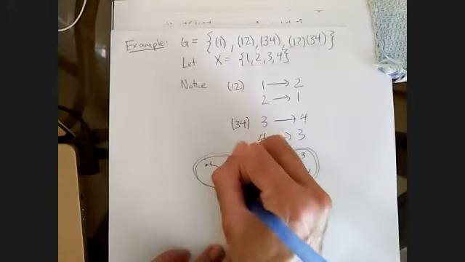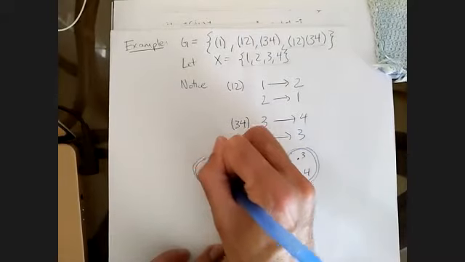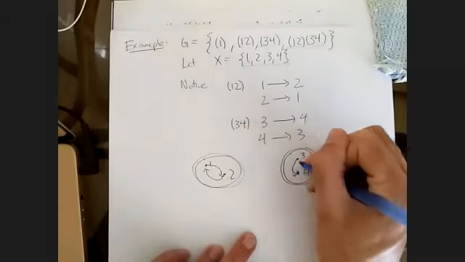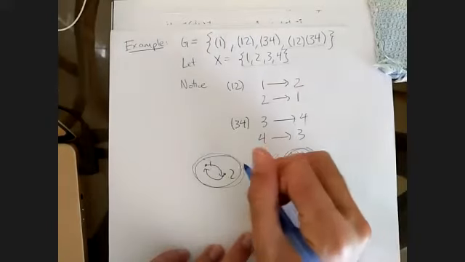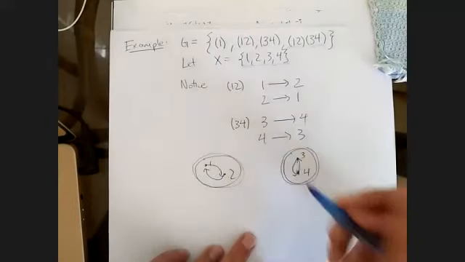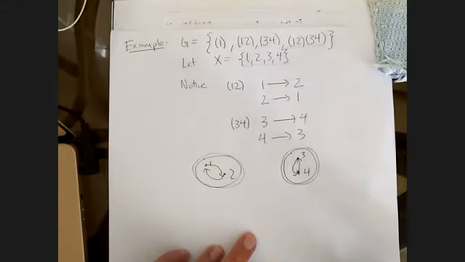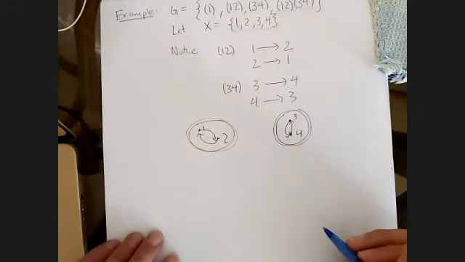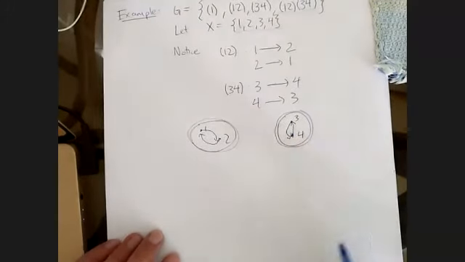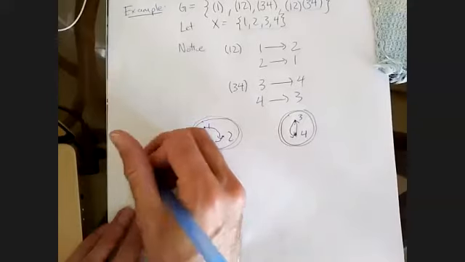You can go back and forth over here, you can go back and forth over here, but you never join the 2. So we call these orbits. You just make a little definition.